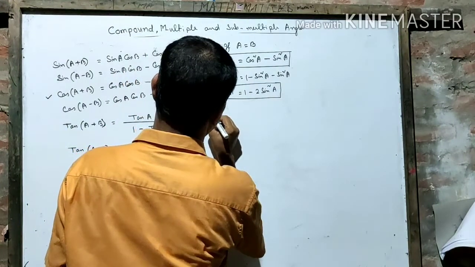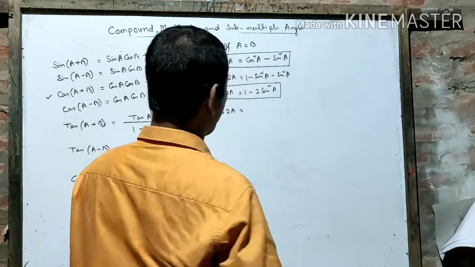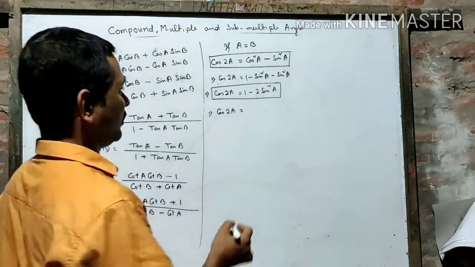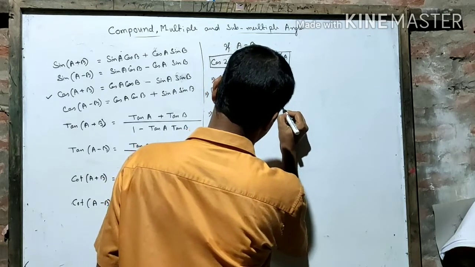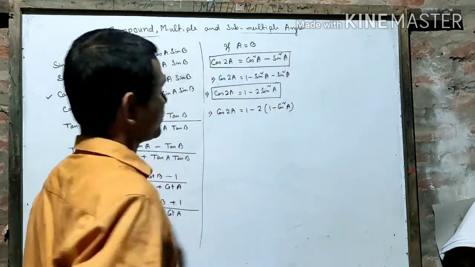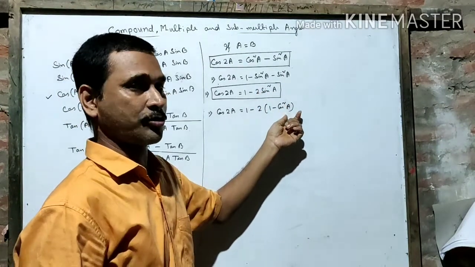Now you may further simplify it to get another formula for cos twice A. Now we may convert the whole thing into cos. Okay, we know sin square theta plus cos square theta is 1, or sin square theta is equal to 1 minus cos square theta.